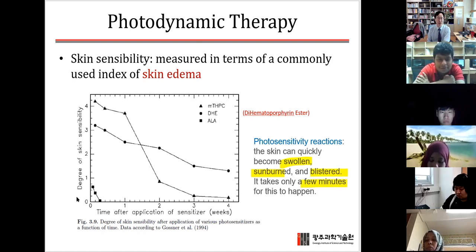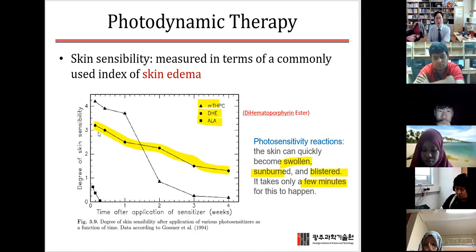So the degree of skin sensitivity is shown in this graph for multiple types of photosensitizer. So DHE, dihematoporphyrin, is shown here. And you can see that this sensitivity lasts for a pretty long time, even like 4 weeks after injection.